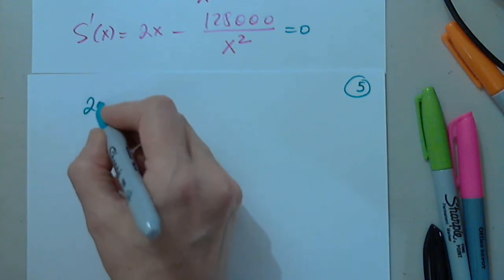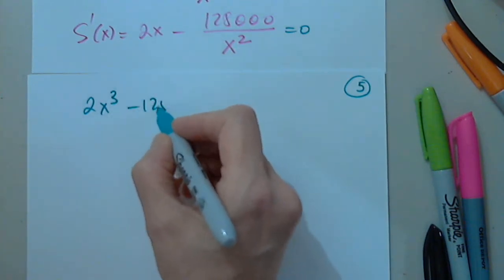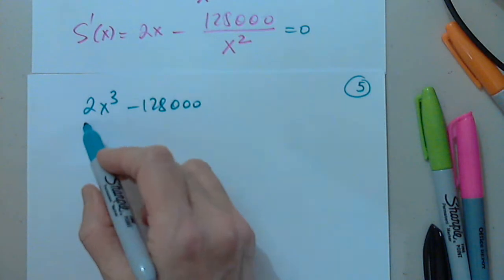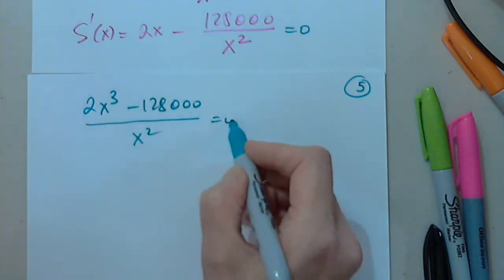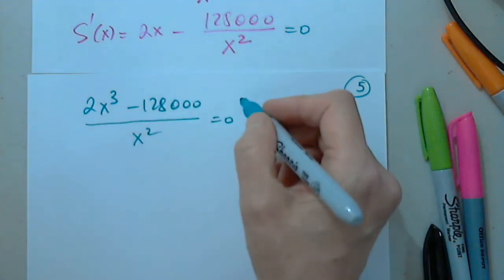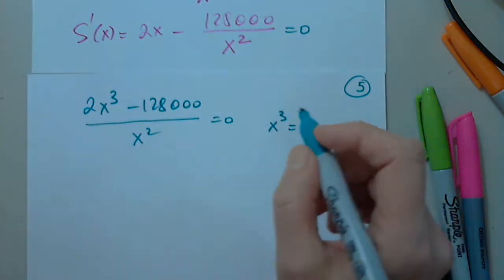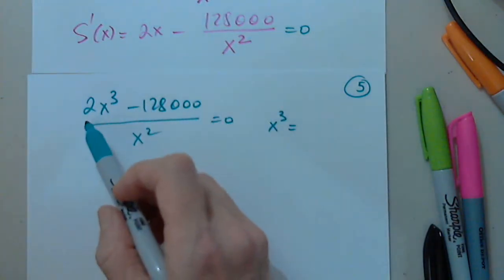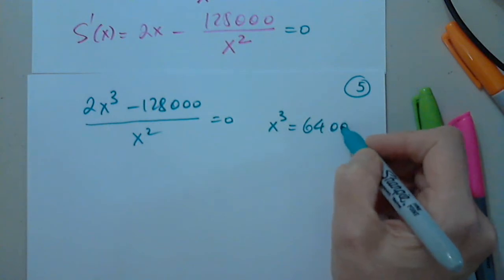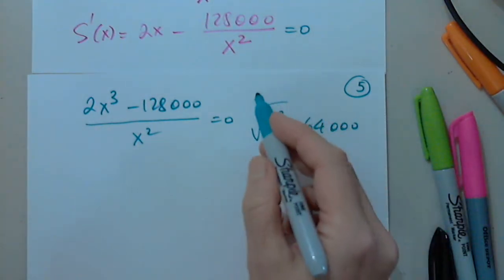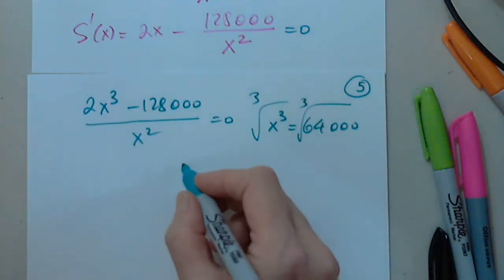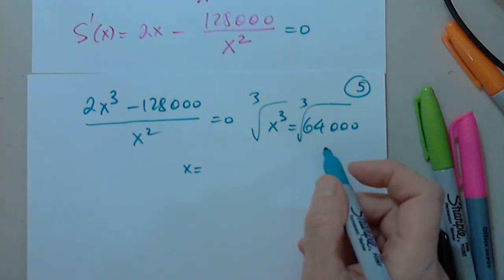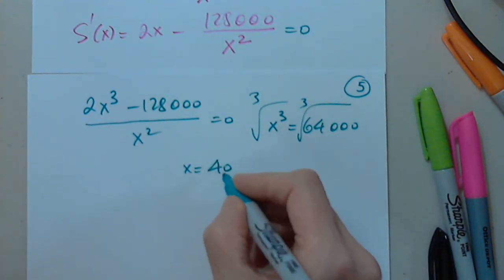And we get 2x cubed minus 128,000 divided by x squared equals 0, right? But only the top can be 0, so x cubed equals 128,000 over 2, which is 64,000. When we apply the cube root, we get x equals 40.